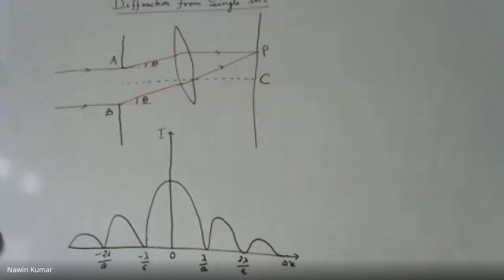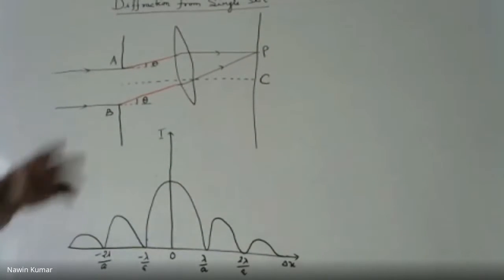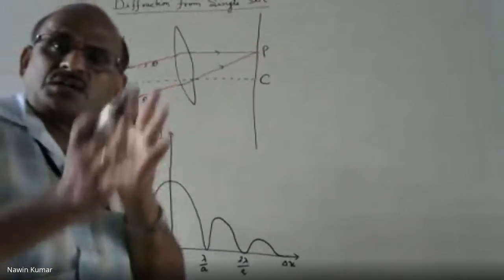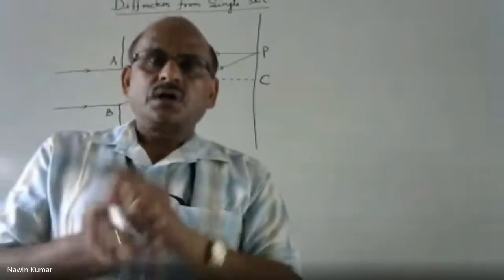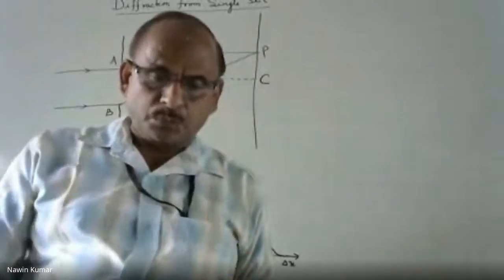Now the point P. First, diffraction, that is bending of the light at the sharp edge of an obstacle.